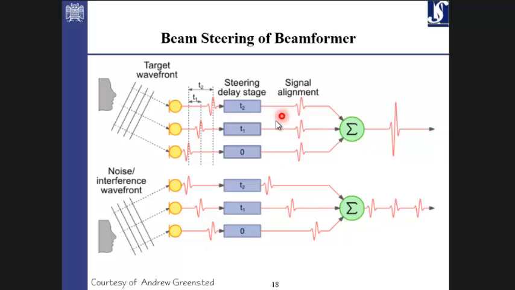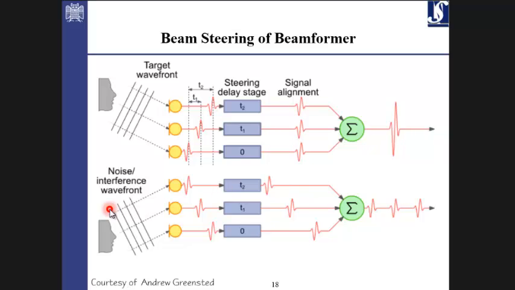Because it's a synchronous signal, whatever you get in the output would definitely have more gain than the signals individually.